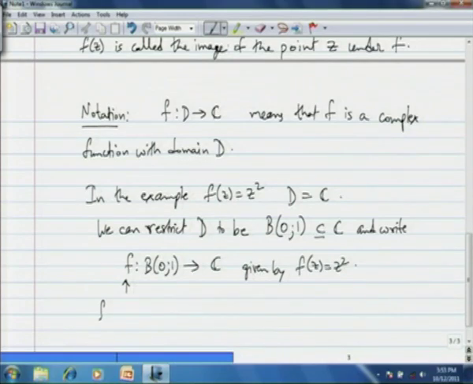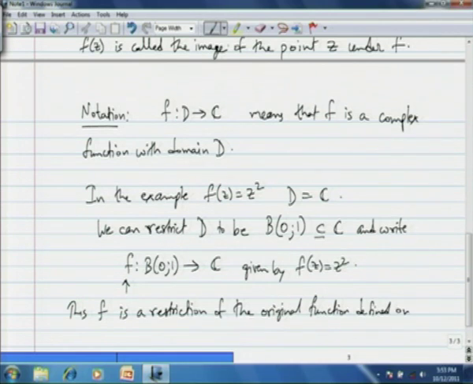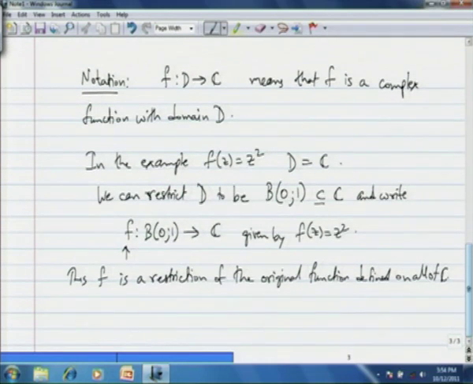So, we can say that this f is a restriction of the original function defined on all of C. That is something we can do, we can always restrict the domain of a given function.